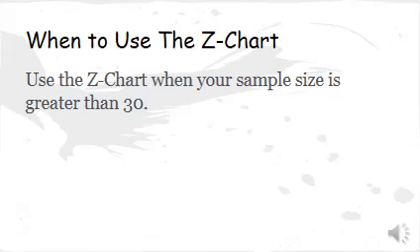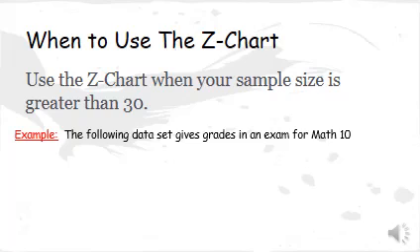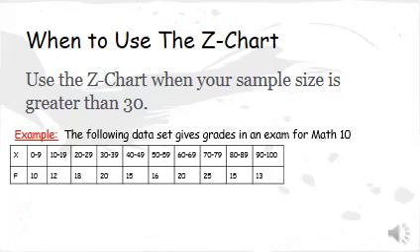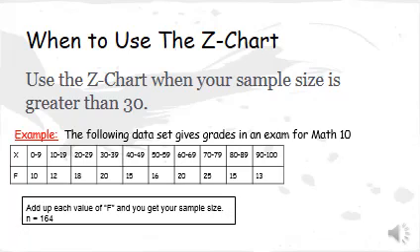Use the z-chart when your sample size is greater than 30. Example: the following data set gives grades in an exam for Math 10. When we add up each value of f, we will receive our sample size, or n, being equal to 164.